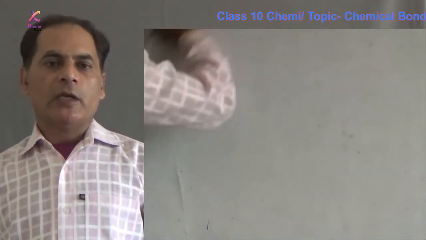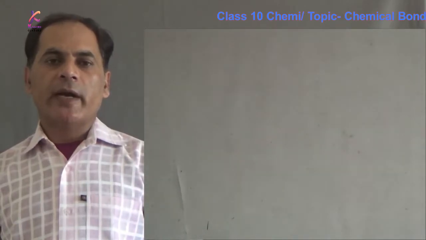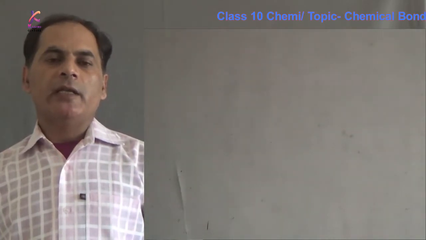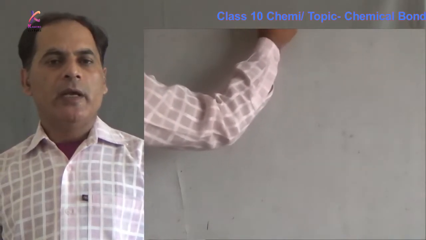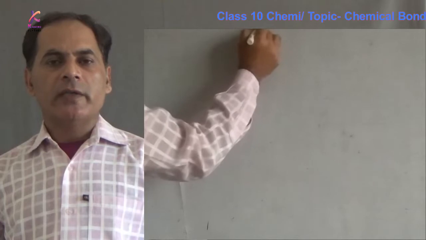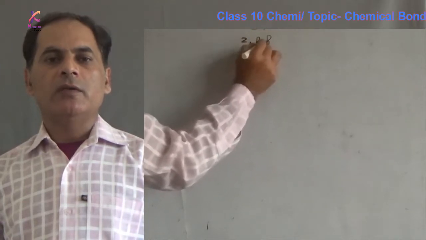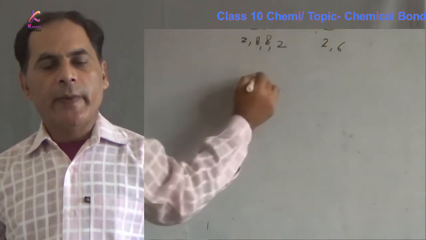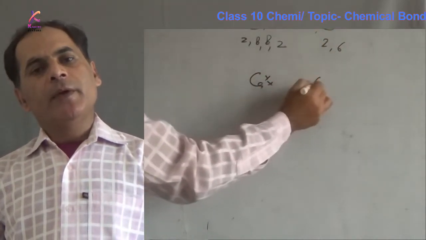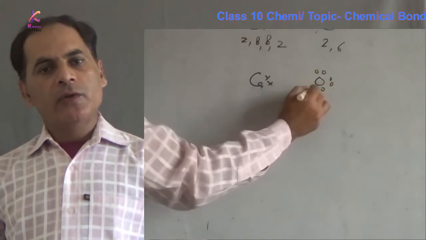We will see one more example, that is calcium oxide. In calcium oxide, calcium has the configuration 2, 8, 8, 2, and oxygen has 2, 6, with 6 electrons in the outermost shell. Oxygen requires 2 electrons. These 2 electrons will be donated by the calcium atom because calcium has 2 electrons in the outermost shell.